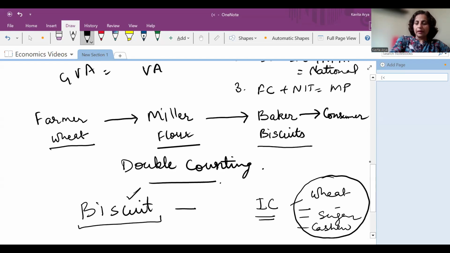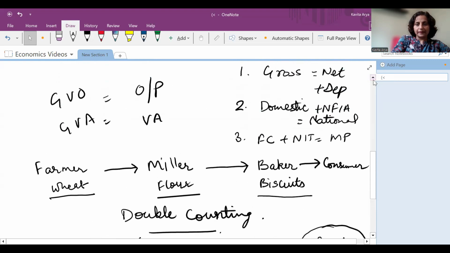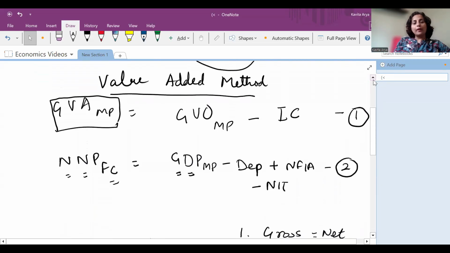Now, let's understand these equations once again. So if I want to find out the value added in the economy, I will have to check what's the value of output. And out of that value of output, I have to subtract the purchases to make that GVA.